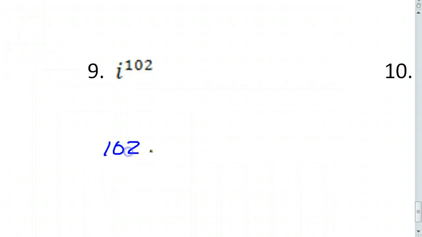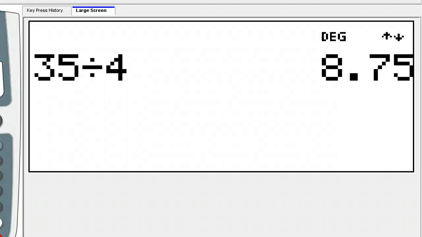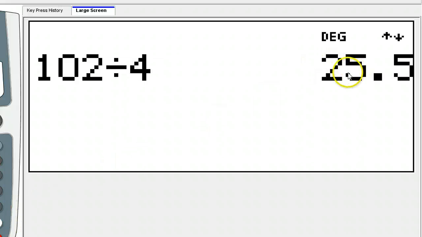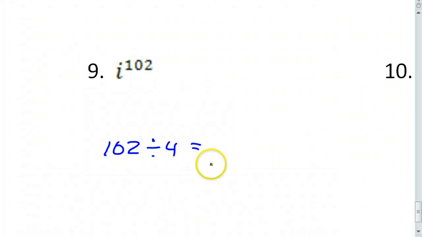Number 9, 102. You take 102 and divide by 4 and see what you get. I'm getting 25.5.